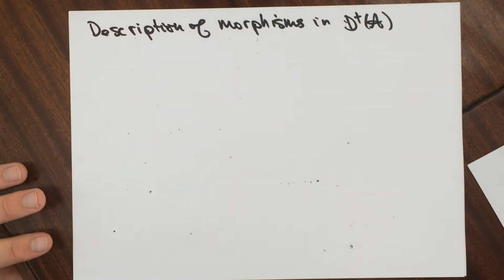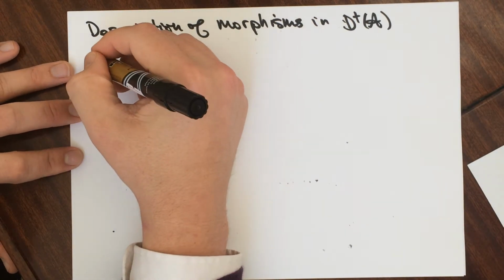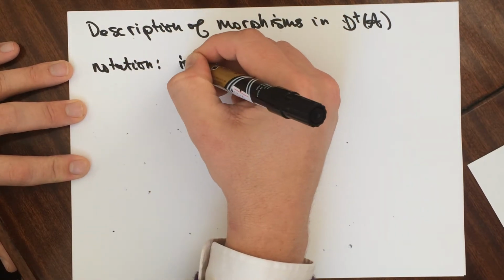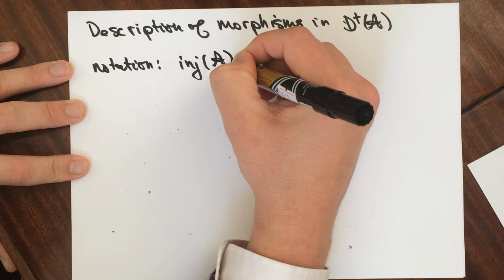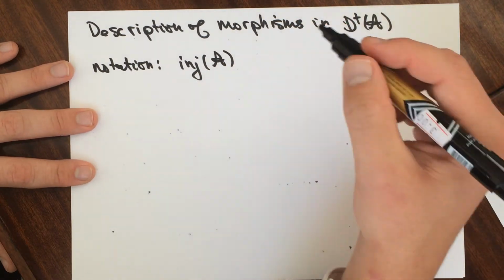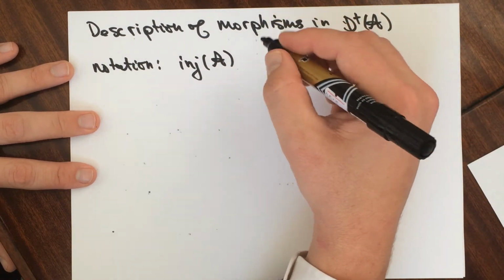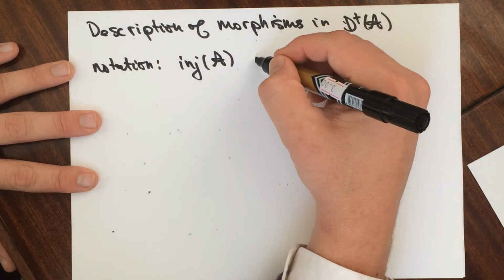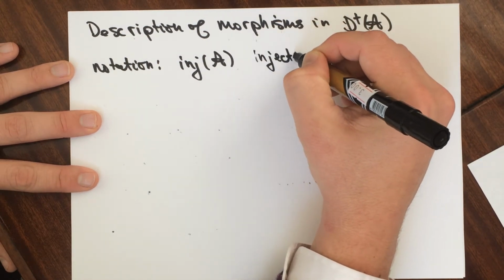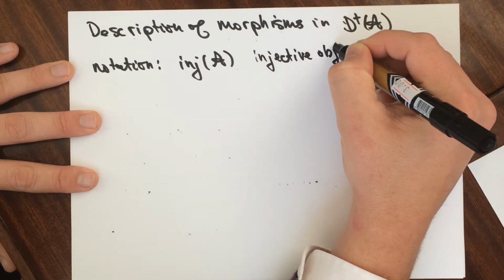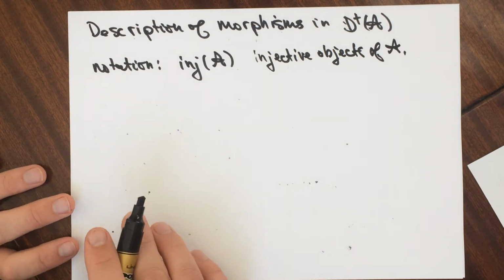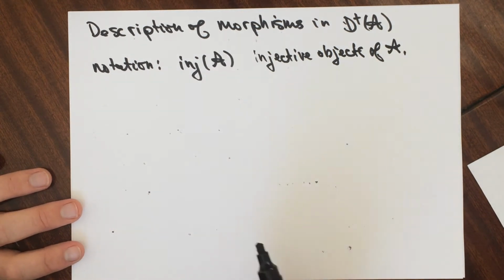So here, some notation. Maybe I already used this before, and I'm sorry for not introducing this again. This is the same category A, but this is just the injective objects of A. So it's the same category where we just restricted to the injective objects.